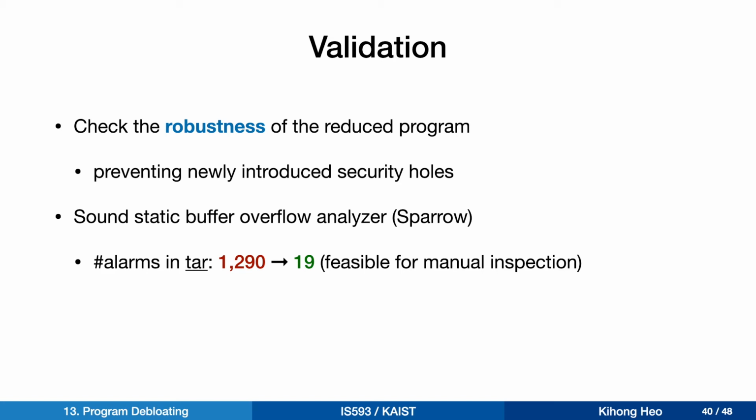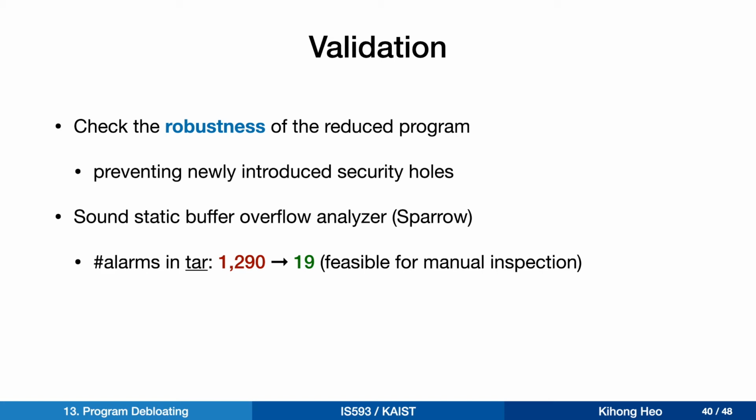As you can see, after the reduction, because of the size reduction, the static analyzer also reports only a very small number of alarms, which are far fewer than the number of alarms in the original version. That makes it feasible to inspect all of them manually.